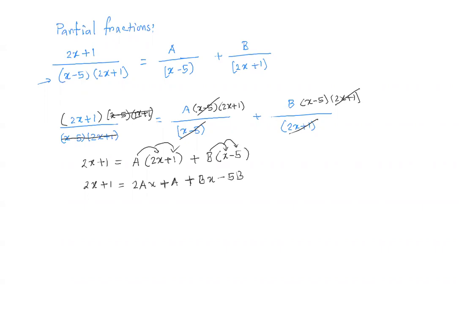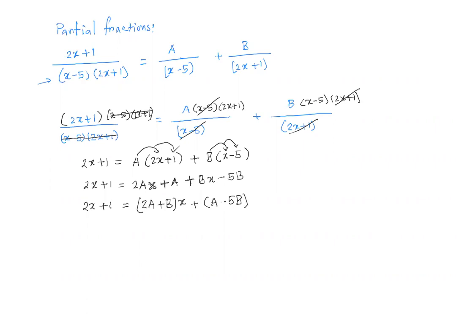Now on the right hand side, we are going to combine the terms that have x in them. If I factor out the terms with x, it gives me (2a + b) times x plus, put it inside parentheses so that it looks nicer, (a - 5b).